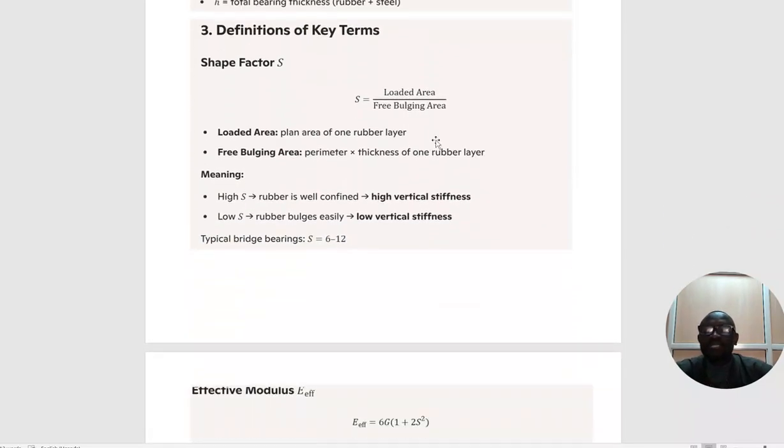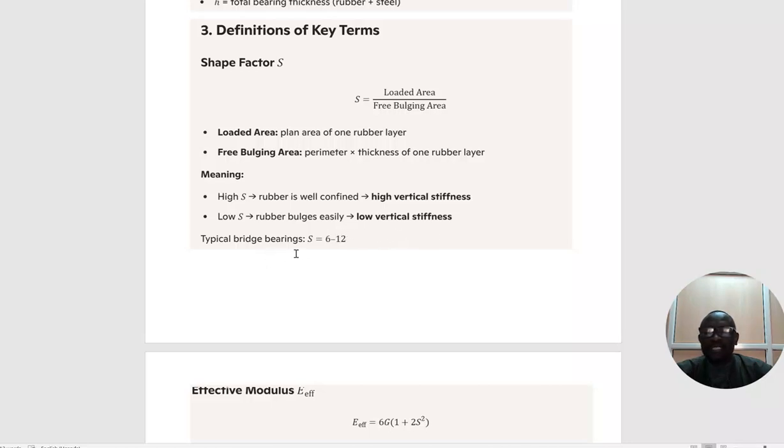Definition of key terms: shape factor is given here, loaded area over free bulging area, and what the free bulging area is also given. Meaning, high S, rubber is well confined, high vertical stiffness. Low S, rubber bulges easily, low vertical stiffness.